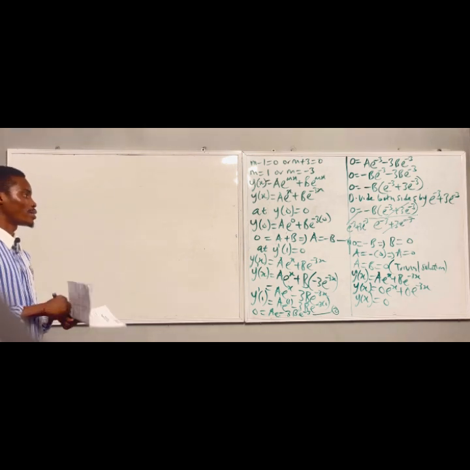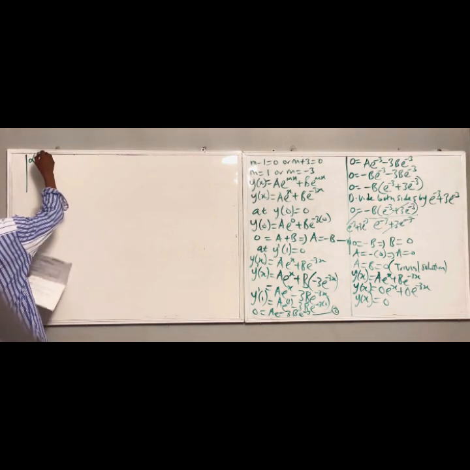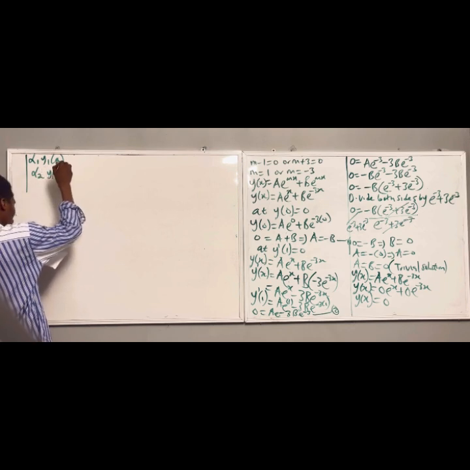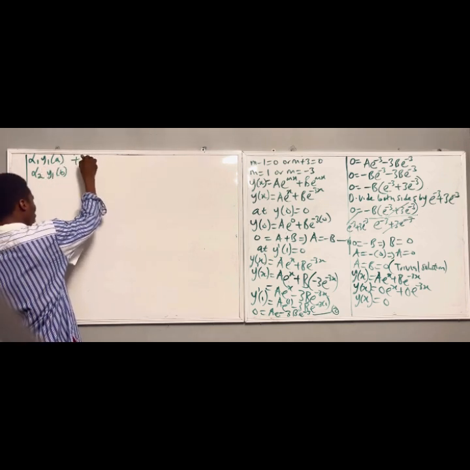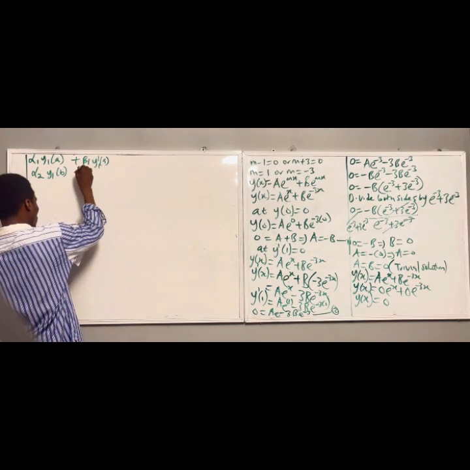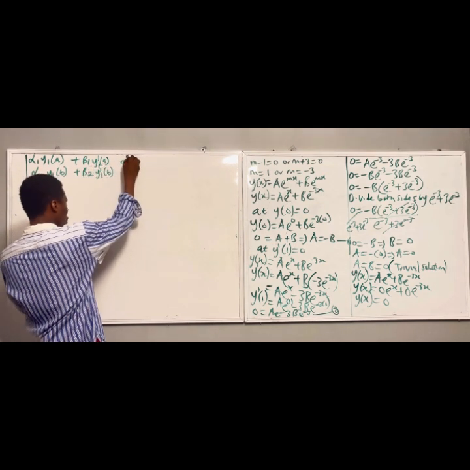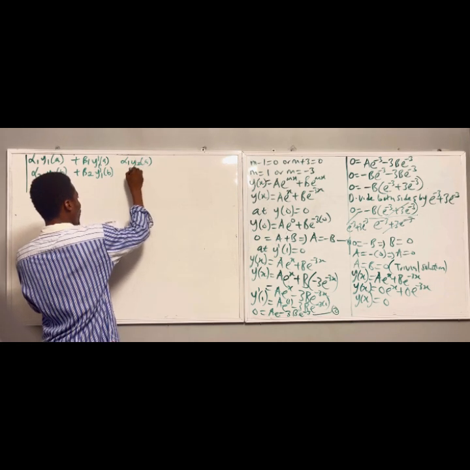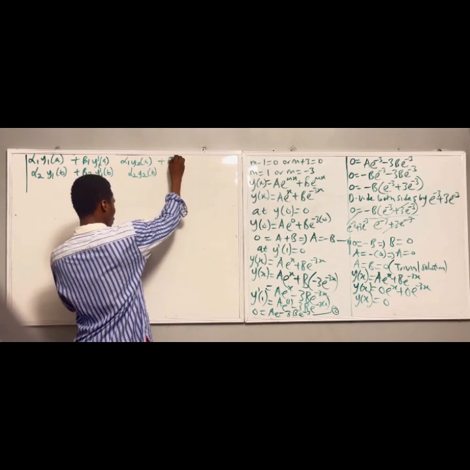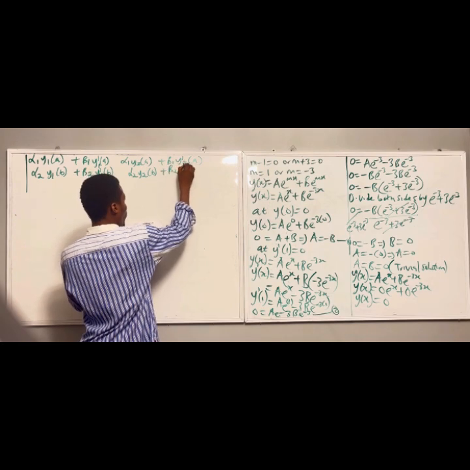Now remember that our determinant has this form: alpha 1 y1 of a plus beta 1 y1 prime of a, alpha 2 y1 of b plus beta 2 y1 prime of b, alpha 1 y2 of a plus beta 1 y2 prime of a, alpha 2 y2 of b plus beta 2 y2 prime of b.